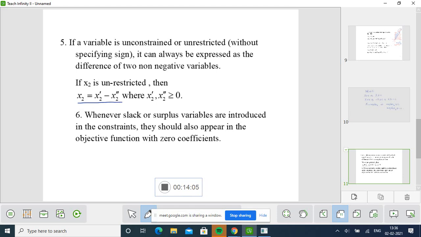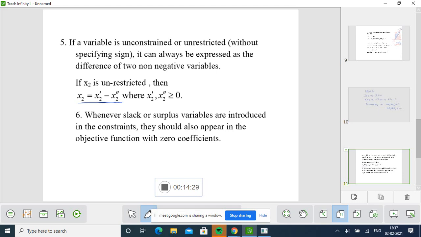Suppose x2 prime is bigger than x2 double prime, then x2 is positive. Suppose x2 prime is smaller than x2 double prime, then x2 is negative. Accordingly, we can fit the values. Then in the final case, all my x's are greater than or equal to 0. So I can revert back to the canonical form or the standard form as I need it.